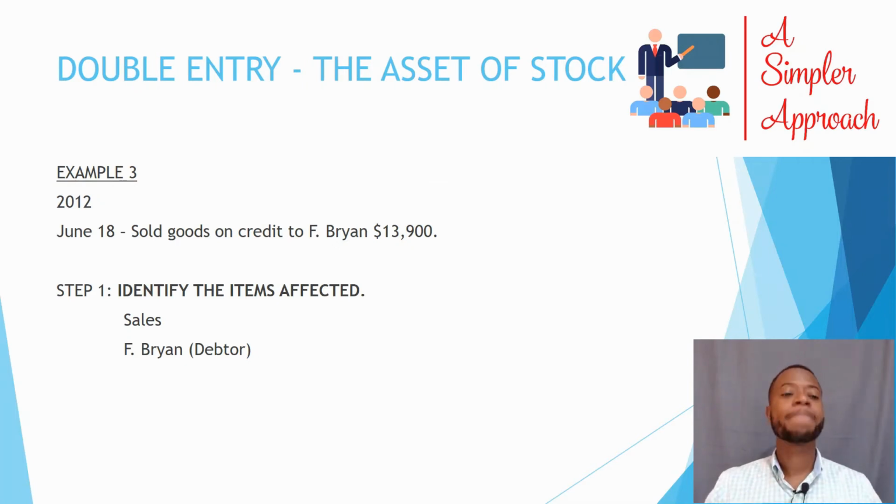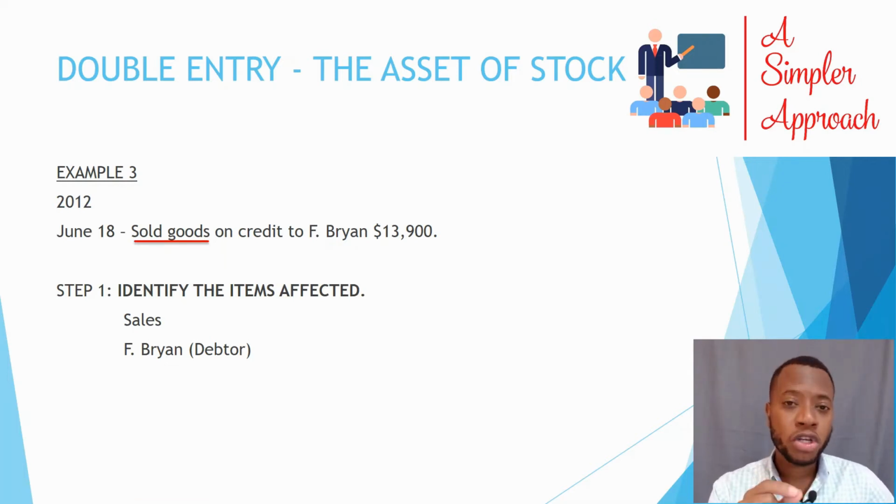Example number 3. Sold goods on credit to F. Bryan, 13,900. Now remember I told you about helping you out with a few things every now and again? That's another one of those things. The first one was bought goods, purchases, hands down. This is sold goods, which means sales, hands down.